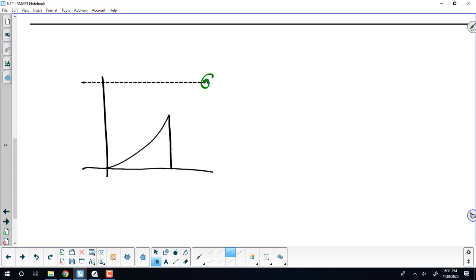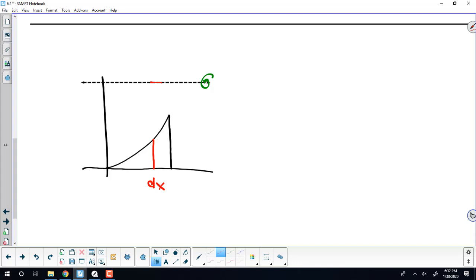So first of all, if we're gonna revolve around the line y equals 2 using the disk method, which way do our cross sections run? Yeah, up and down. Perpendicular for disks. Disks are perpendicular to the axis of revolution. So then we would have to integrate all of this with respect to x.